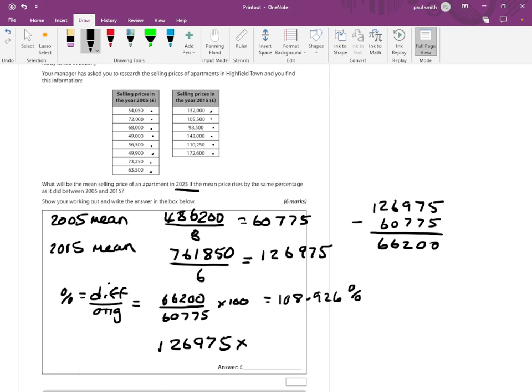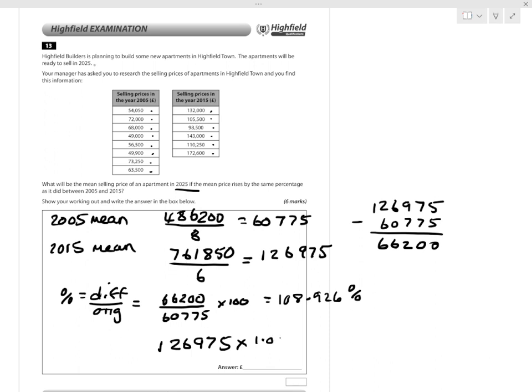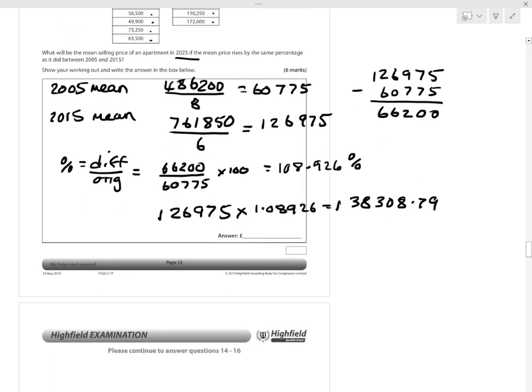So times 1.08926. So 126,975 times that is 138,308. Then I've got to add these two together.